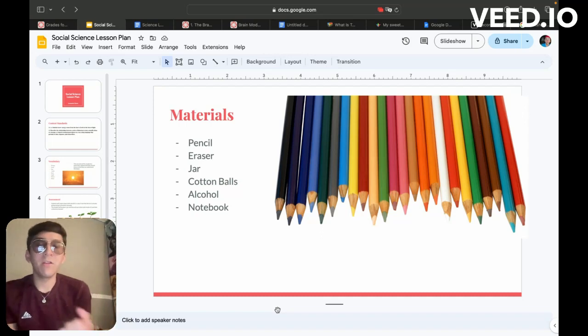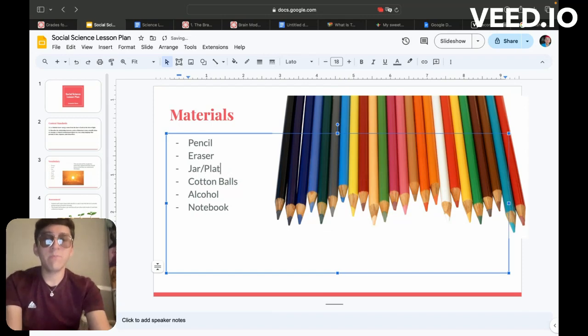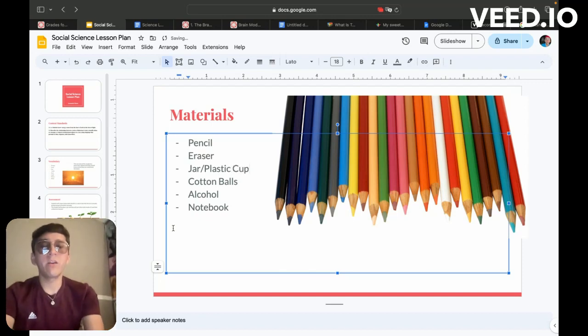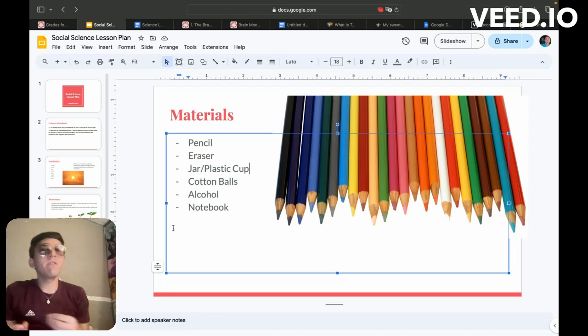Then the jar, but it could also be a plastic cup, and the alcohol and the cotton balls. Of course, since they're little kids, I'm not going to be giving them the alcohol. They're going to be giving the cotton balls to me one by one, and I'm going to be pouring the alcohol.